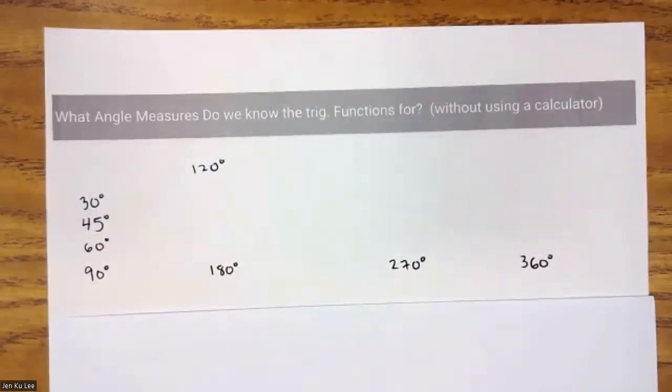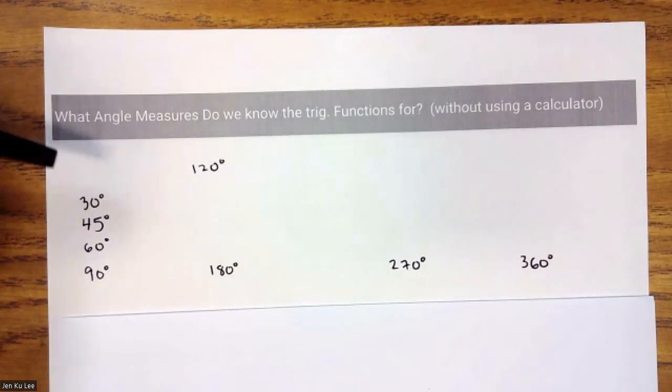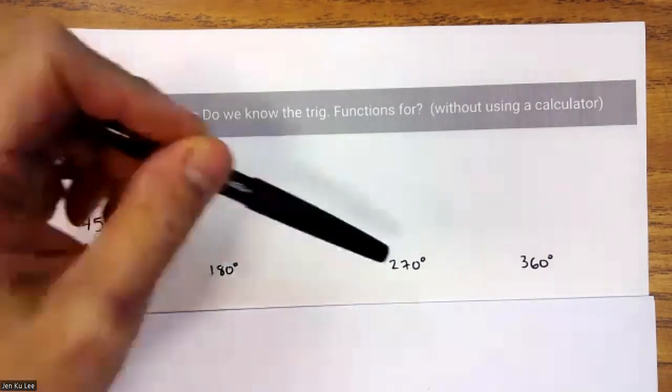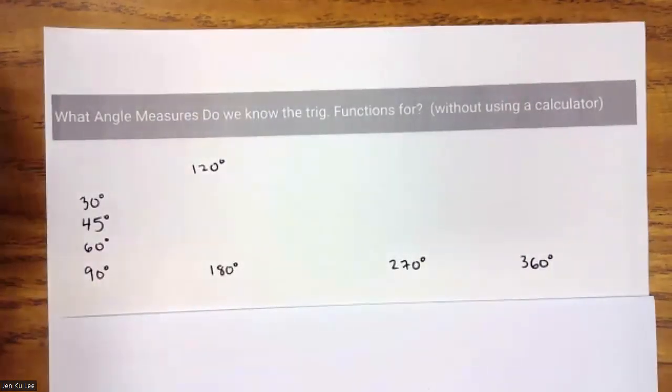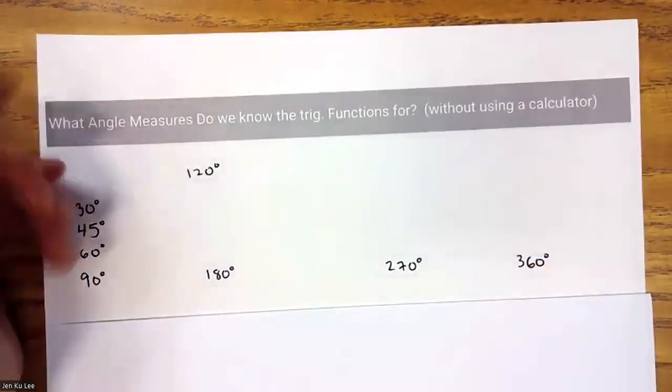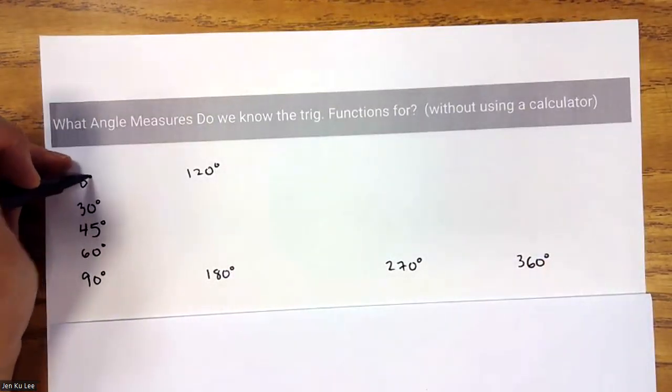So without using a calculator, we can get the sine, cosine, or tangent function of 45 degrees, of 180 degrees, of 270 degrees. What other angle measures? Well, if you know 360, then you know 0, right?